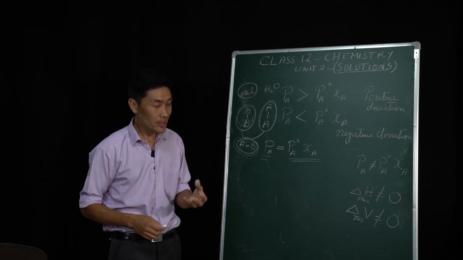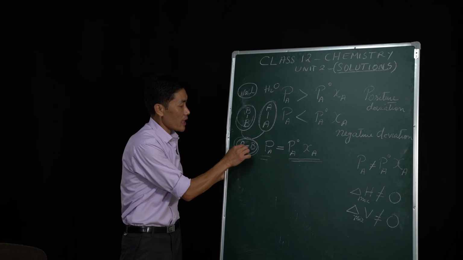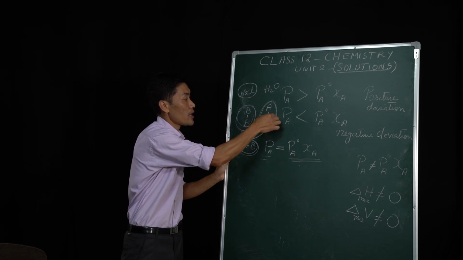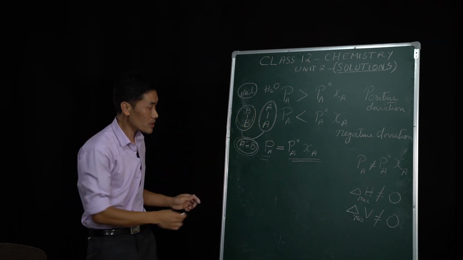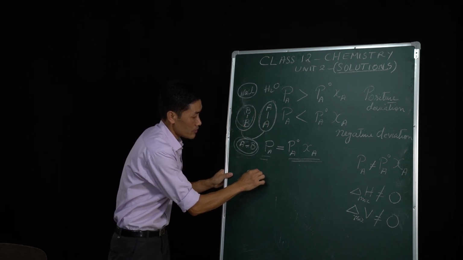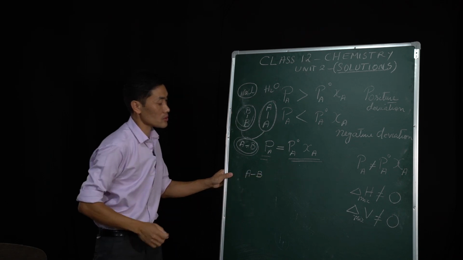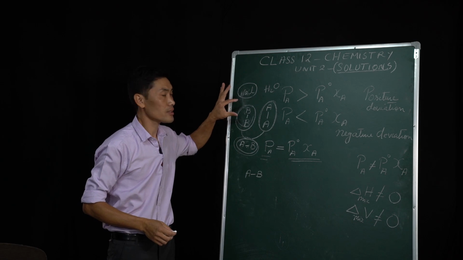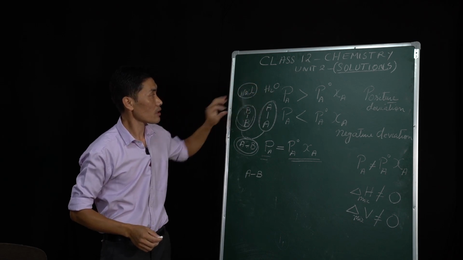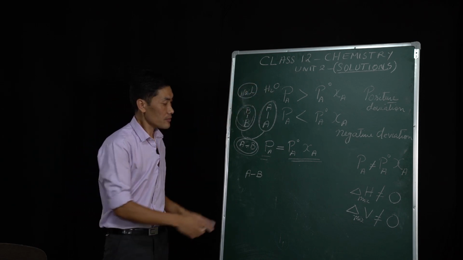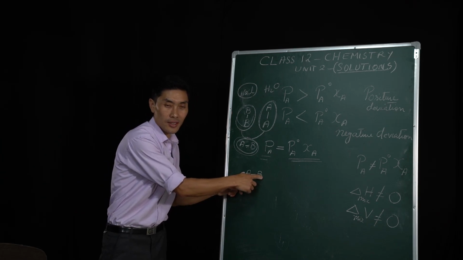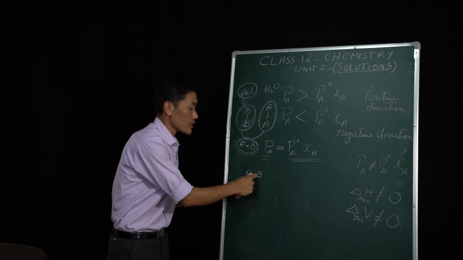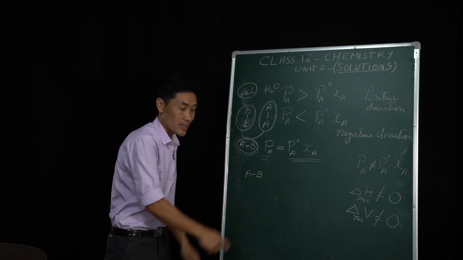But let us take another case where these AB interactions are not similar to the AA or BB interactions. Let us say the AB interactions, the solute-solvent interactions, are greater than the interactions that we find in the solute as well as in the solvent. If these interactions are stronger, that means they cannot be broken down easily. The molecules cannot be separated easily in such a case.